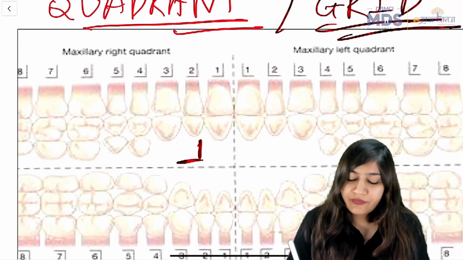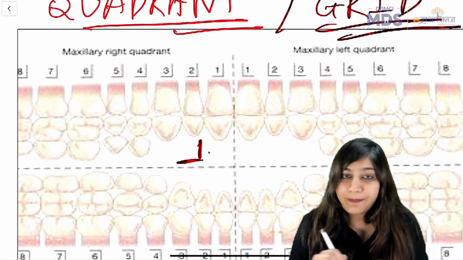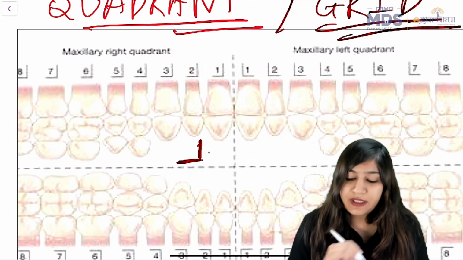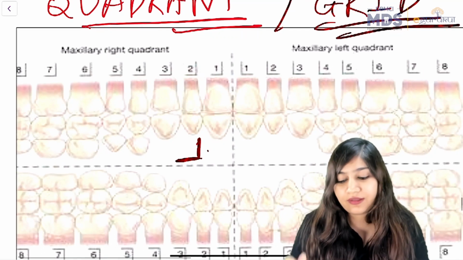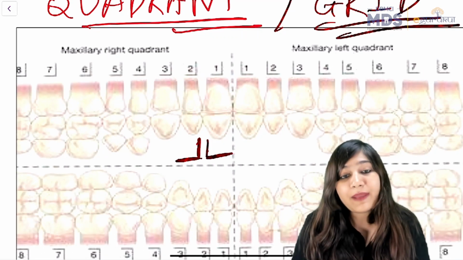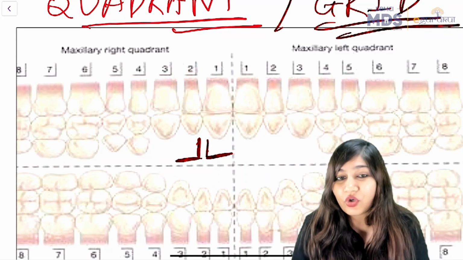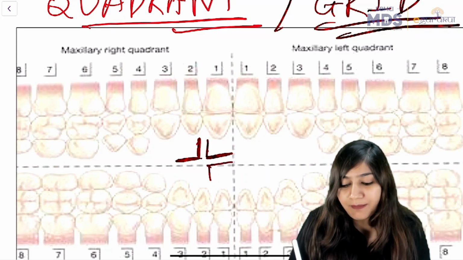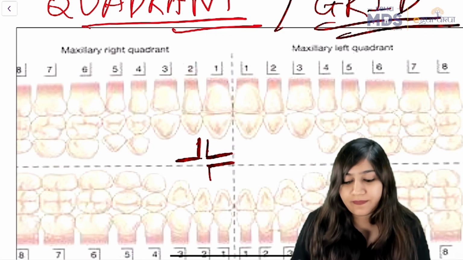So this being towards the midline, this will be our right quadrant. This will be our maxillary left quadrant. This will be our mandibular left quadrant.